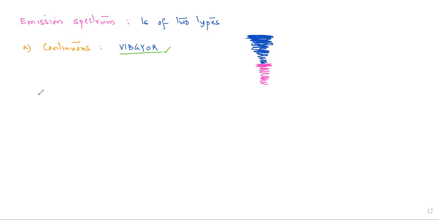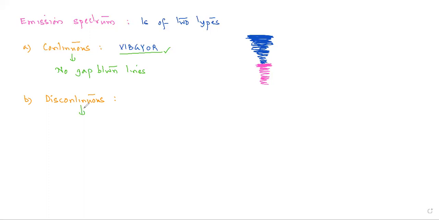Now coming to discontinuous spectrum. As the name itself indicates, in continuous, there will be no gap between lines, I mean, between the spectral lines.